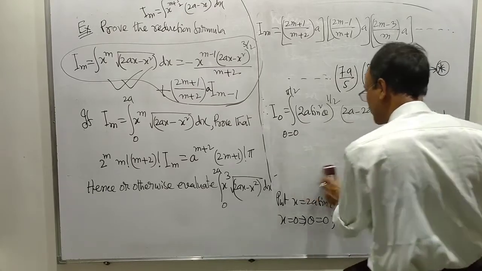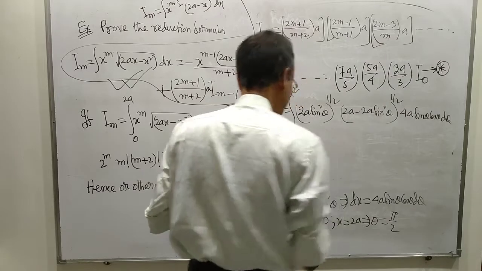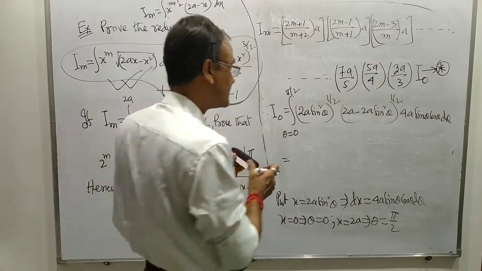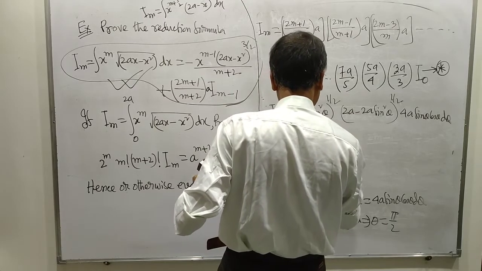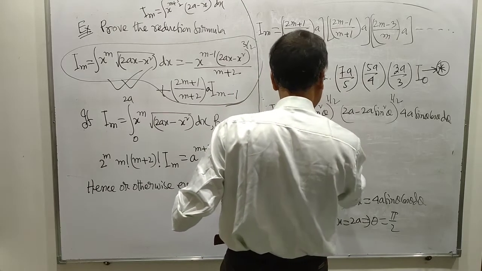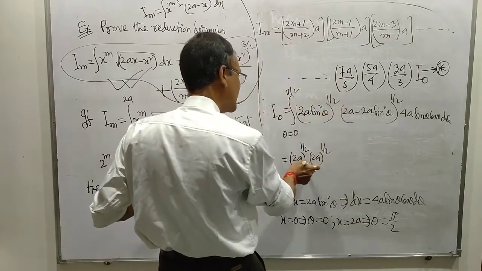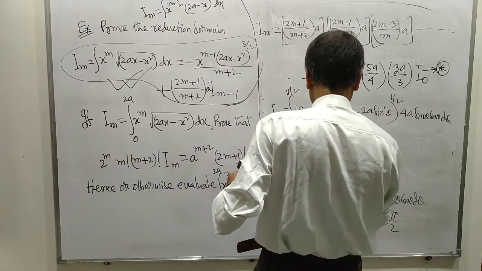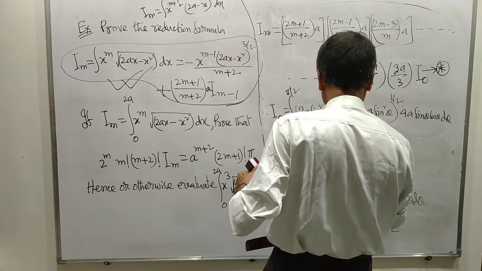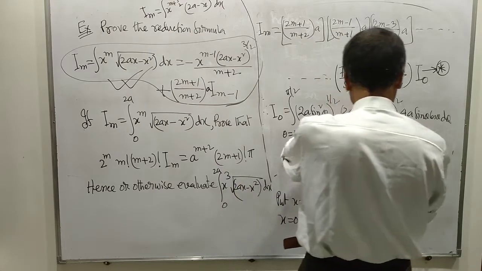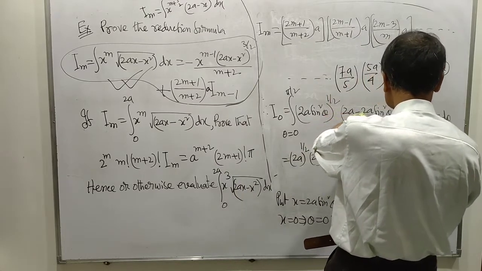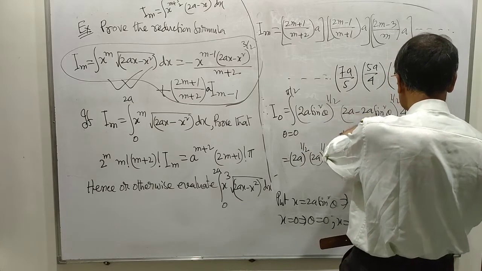This is equal to (twice a) whole to the power half, again (twice a) whole to the power half, into 4a, integral 0 to pi by 2. It will be sin theta, cos theta, again sin theta, and cos theta d theta.